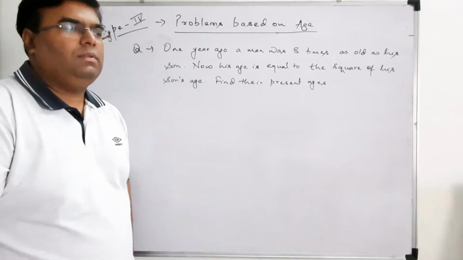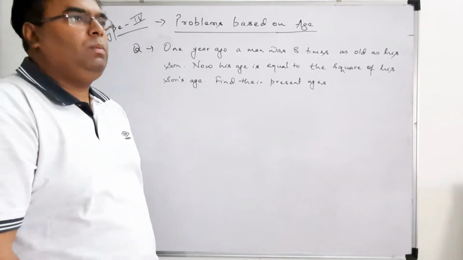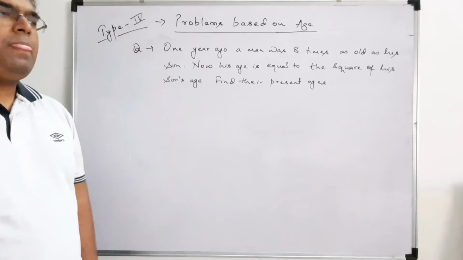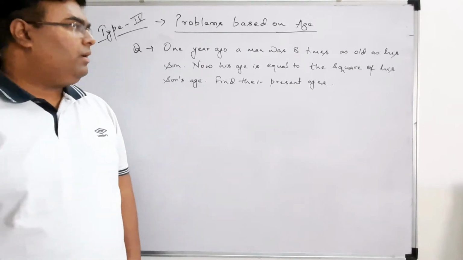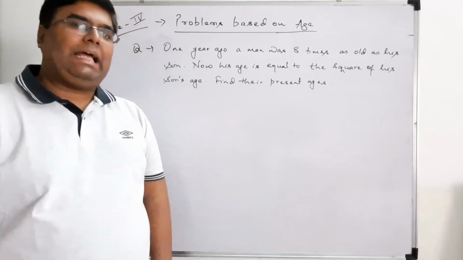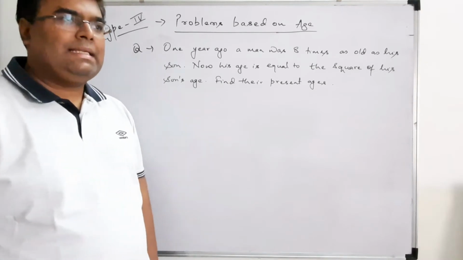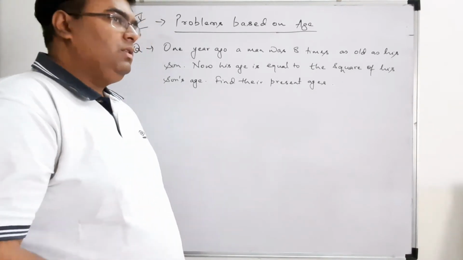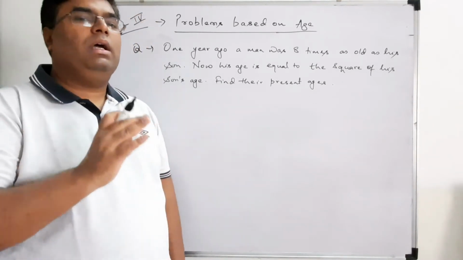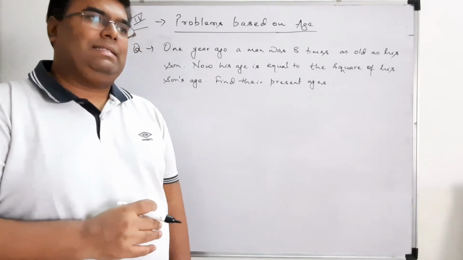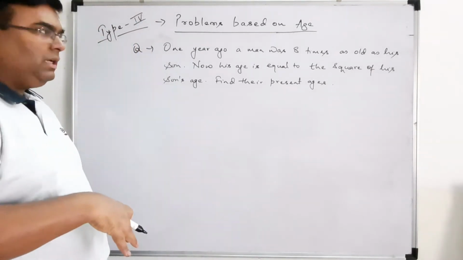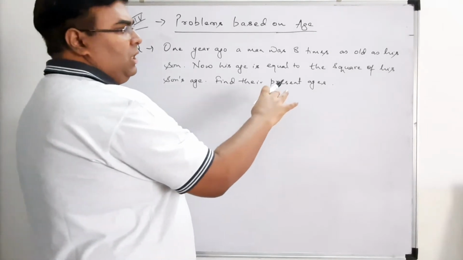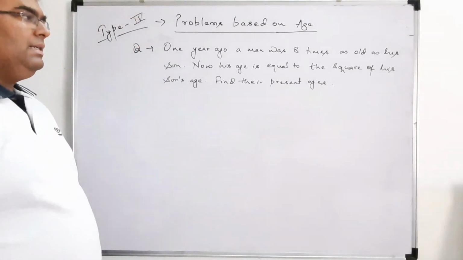Okay, let us solve type 4, which is a problem based on ages. The question is: 1 year ago a man was 8 times as old as his son. So last year a man was 8 times his son's age, and this year his age is equal to the square of his son's age.